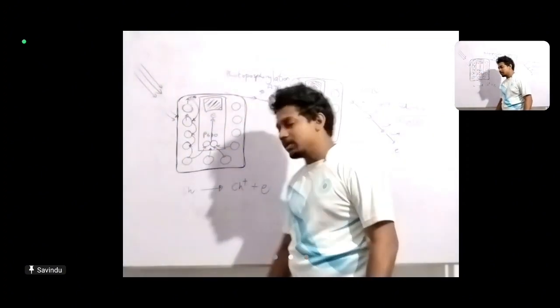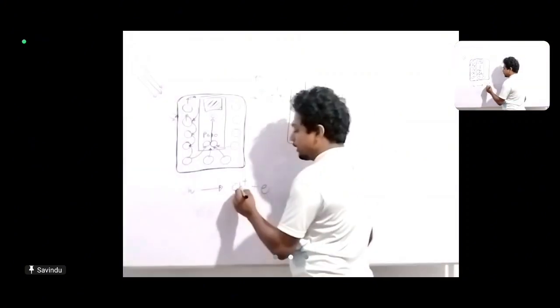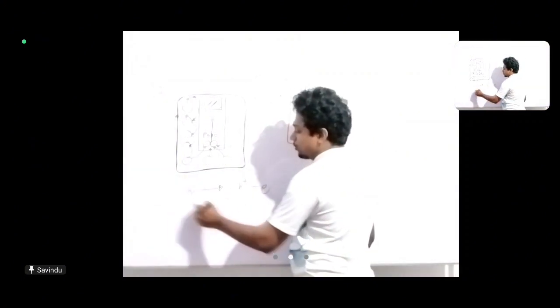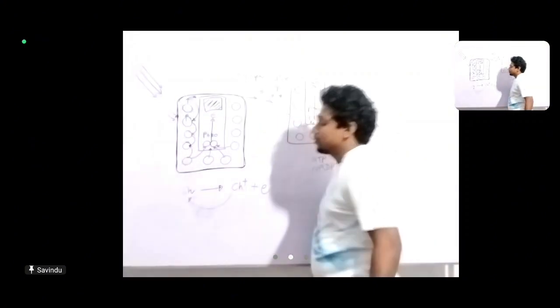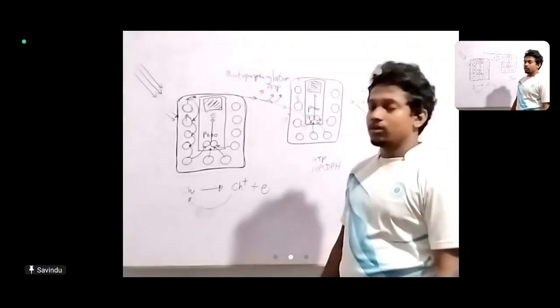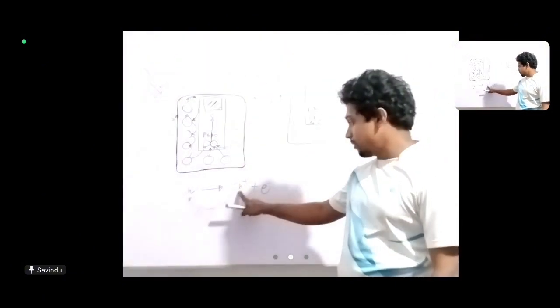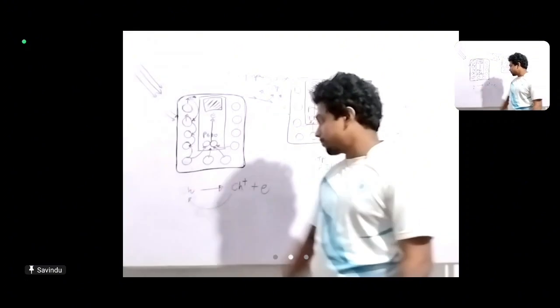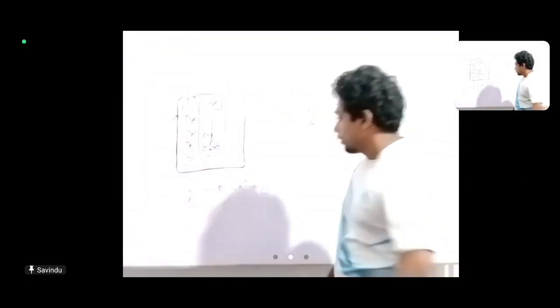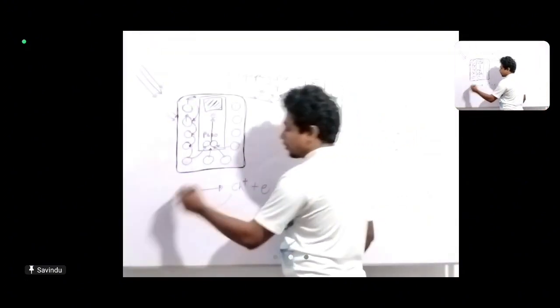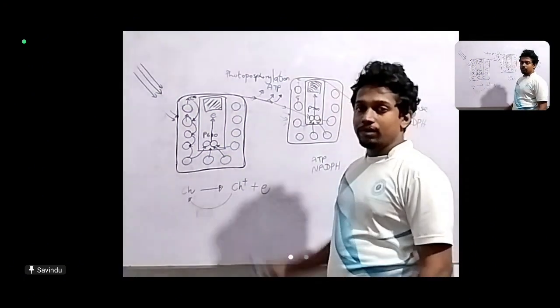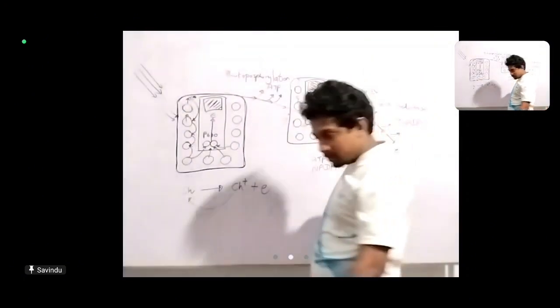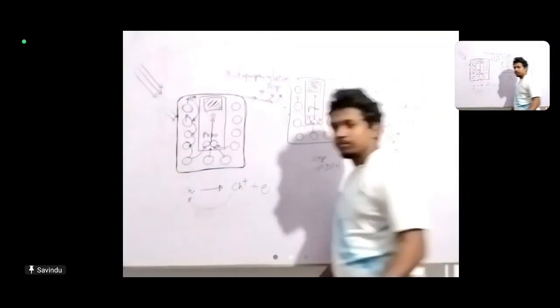So what happens? This chlorophyll ion needs to be reformed into this neutral chlorophyll molecule. Chlorophyll ion should be transferred into chlorophyll molecule. How does that happen?